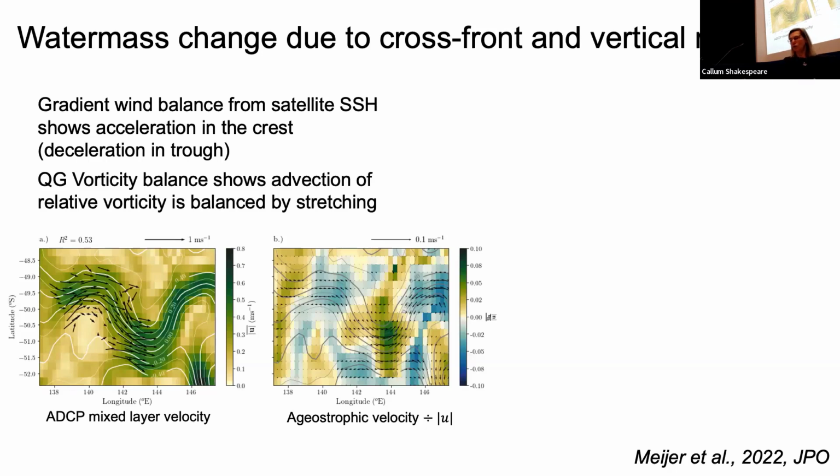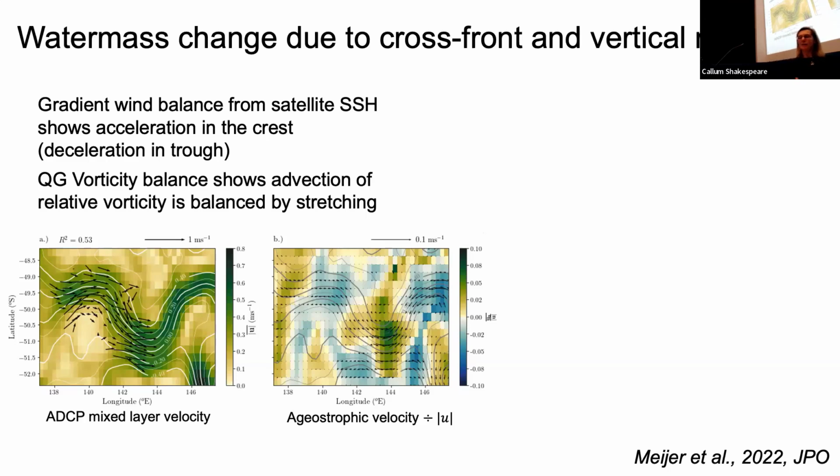So it shows you that the ageostrophic velocities can be of order 10% in this meander, and they accelerate the flow in the crest of the meander in green, and they decelerate it in blue in the trough of the meander.